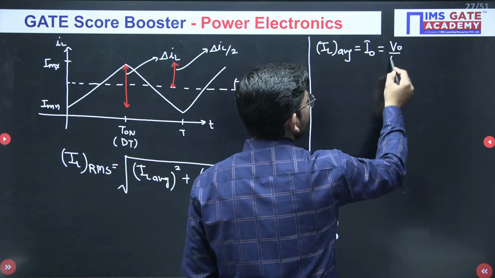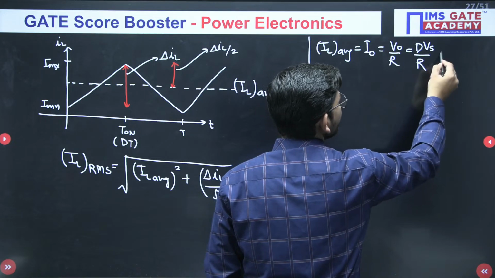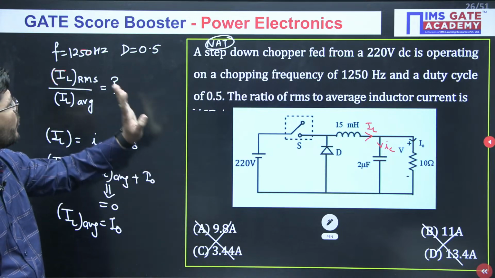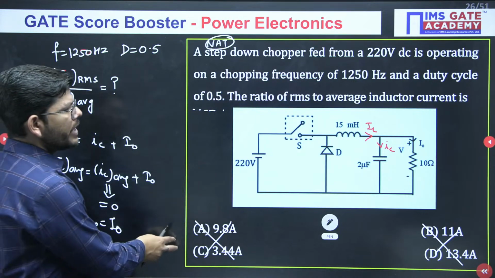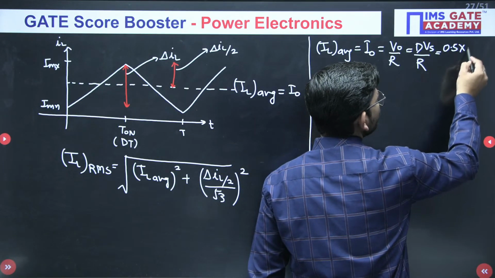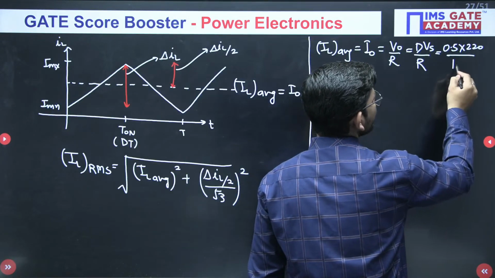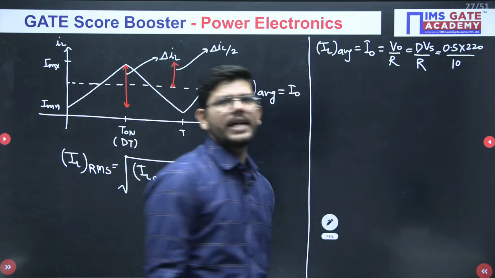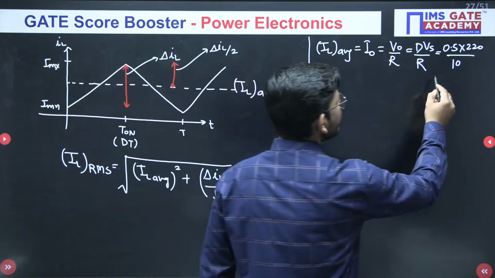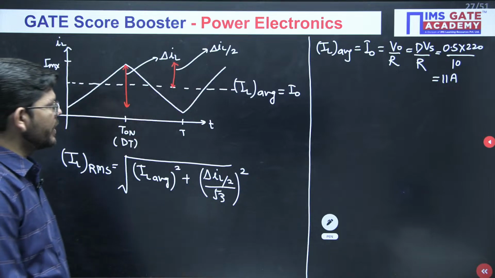I naught will be V naught by R, and V naught will be dVs over R. D is given 0.5, Vs is 220, R is 10 ohm. So 0.5 into 220 divided by 10 ohm. IL average will be 11 amperes.